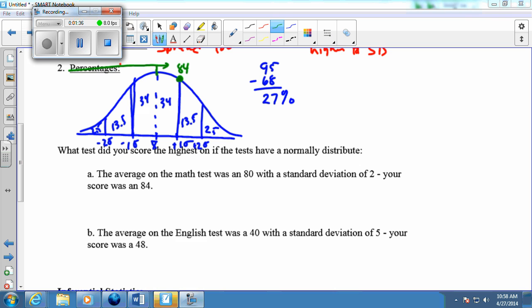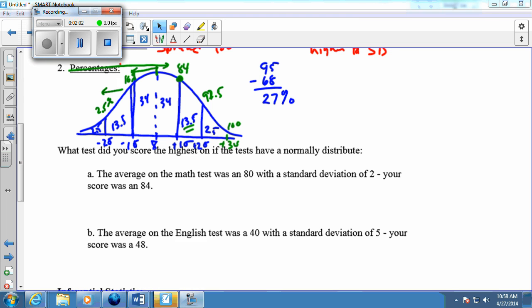Then I know that there are 13 and a half in this, and if I add that, I get 97 and a half. And lastly, if I am 3 standard deviations above, basically we say you're at the 100th percentile. Going the other direction, this is 50, I drop down 34, that's 16%. It's the 16th percentile, and I drop down another 13 and a half, I'm at the 2.5 percentile.